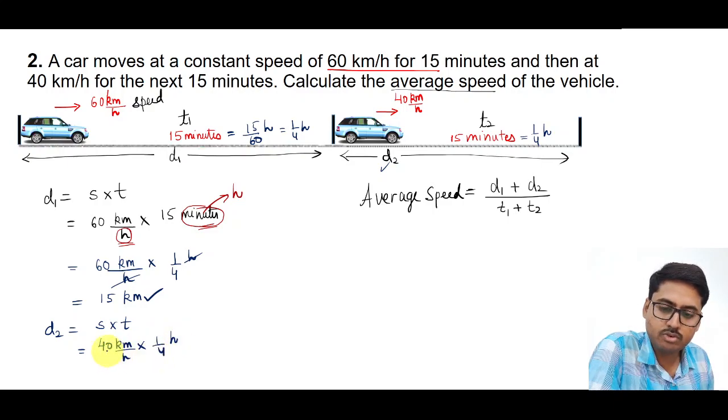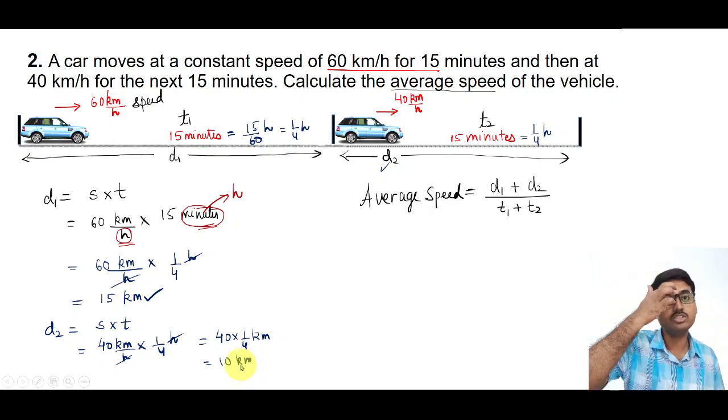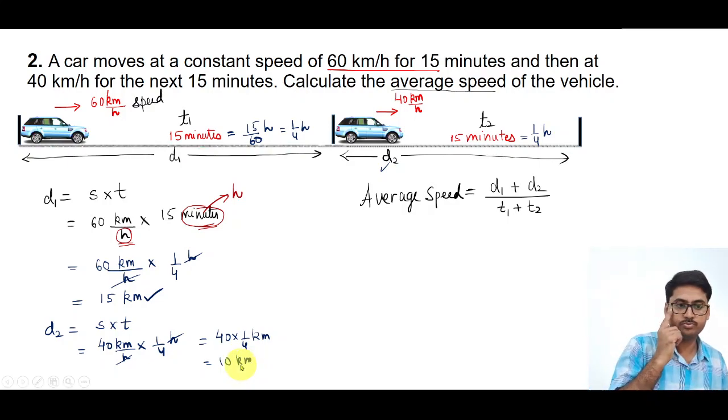So 1 by 4 hours. 40 into 1 by 4, you can cancel hour and hour, so that is 10 kilometer, right? So we have got the two distances d1 and d2.